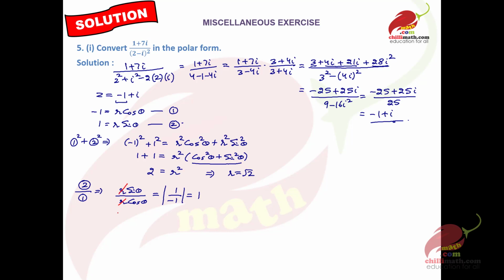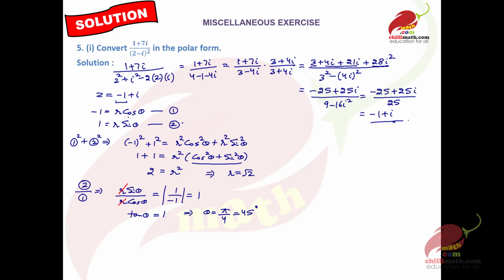This r gets cancelled. Sin theta upon cos theta is tan theta. This is equal to 1 when angle is 45 degree or pi by 4 radians. I write both.